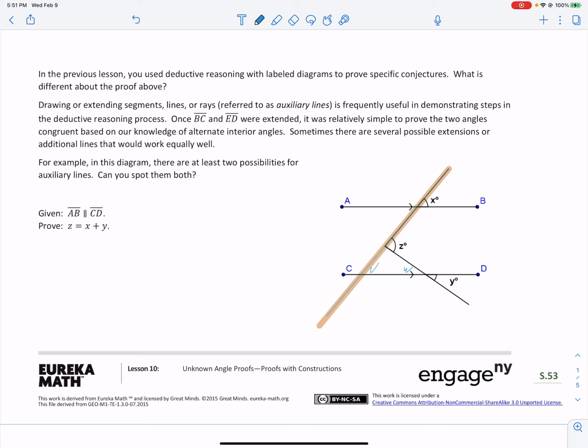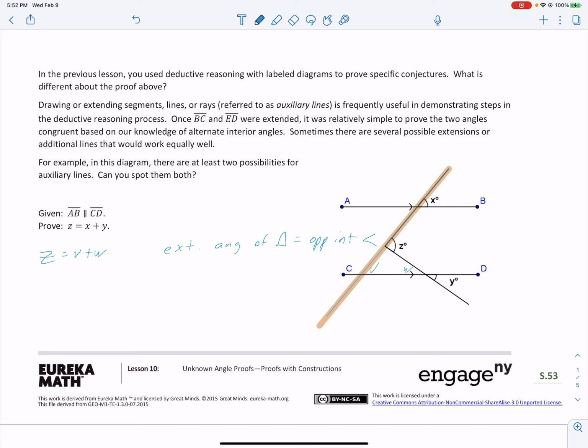We can use that because we're not trying to prove that, and we've already learned it. So we know from this that Z is equal to V plus W, because the exterior angle of a triangle is equal to the remote or opposite interior angles of that triangle.